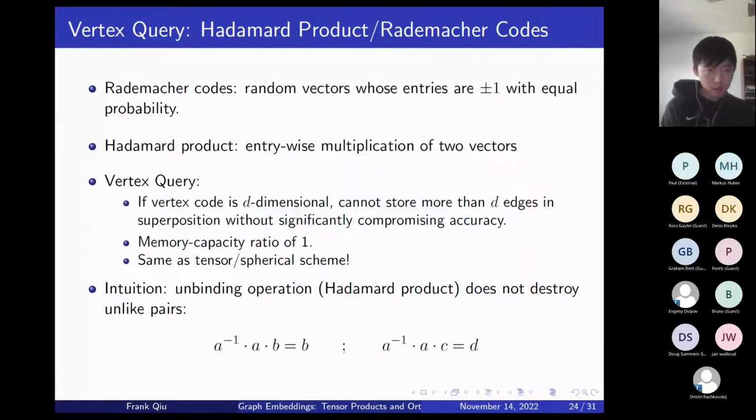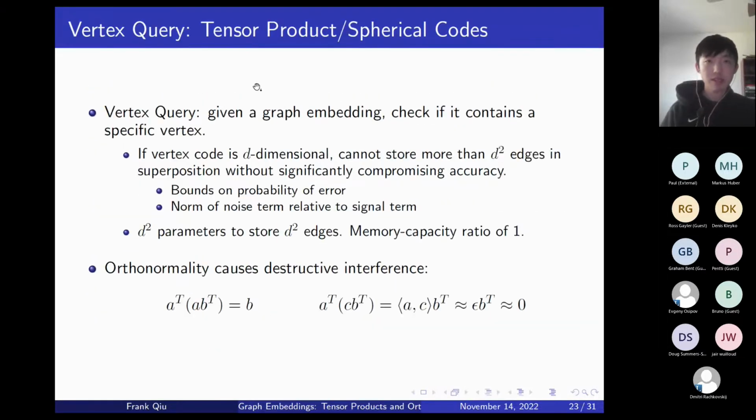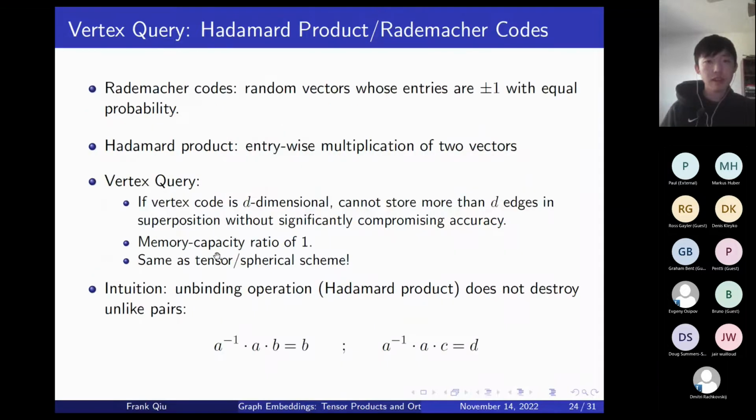If we look at its performance on the same exact vertex query, we'll see that assuming the vertex code is d-dimensional, we cannot store more than d edges in superposition without significantly compromising accuracy. So again, our memory is d and our capacity is d, and we have the same ratio of 1 compared to the tensor product and spherical code.